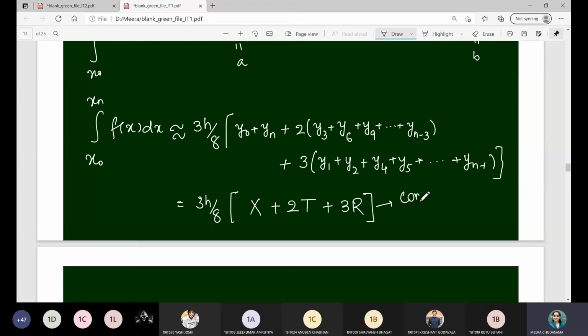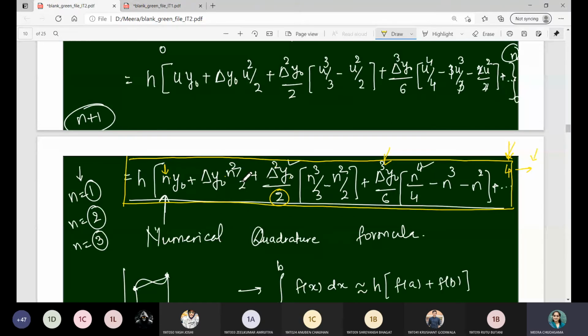So this is called the composite Simpson's 3/8 rule. You have to remember this formula. For the example purpose, I have directly given you the formula. You can derive it if you wish by taking n equal to 3 in this case, right?